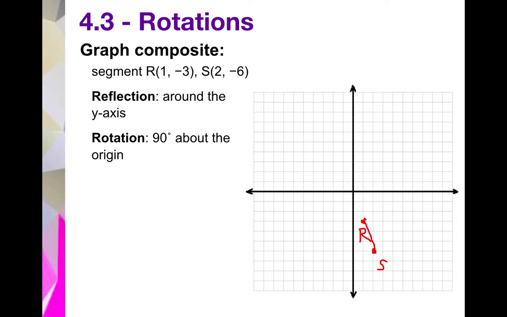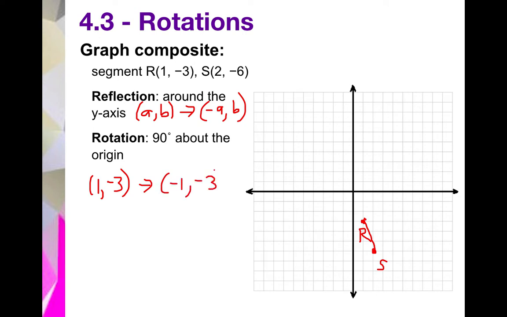The reflection rule is: we take A, B, and that becomes -A, B. So if I do the reflection of 1, -3, then that becomes -1, -3, and that becomes my R prime.